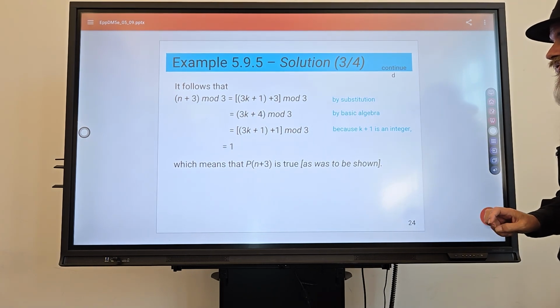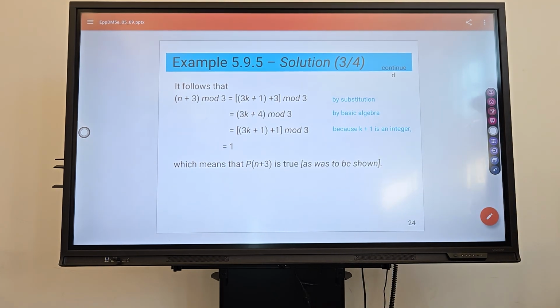It follows that (n plus 3) mod 3 equals (3k plus 1 plus 3) mod 3, or (3k plus 4) mod 3, which equals (3(k plus 1) plus 1) mod 3, which equals 1 by basic algebra. Which means that P(n plus 3) is true.